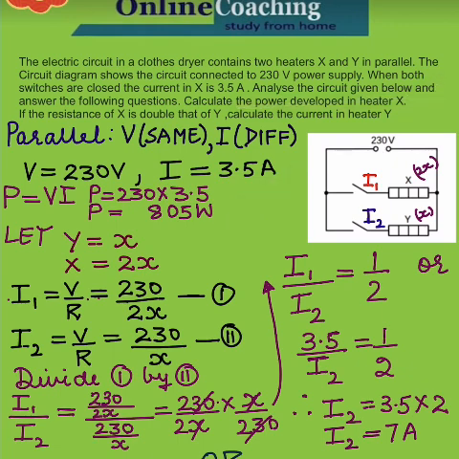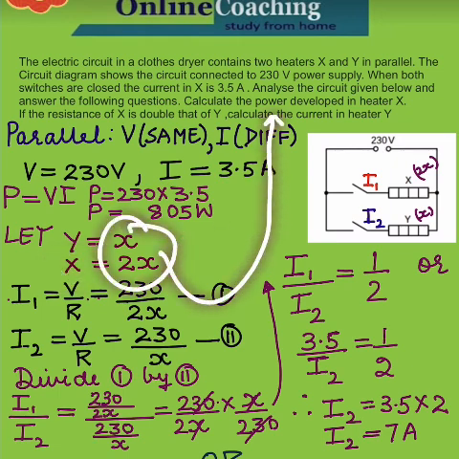This was easy. Now the second part says, and please take care about this: if the resistance of X is double that of Y, calculate the current in the heater Y. Now let us take the resistance of Y as X and the resistance of X as 2X. This I have done according to the demand in the numerical.